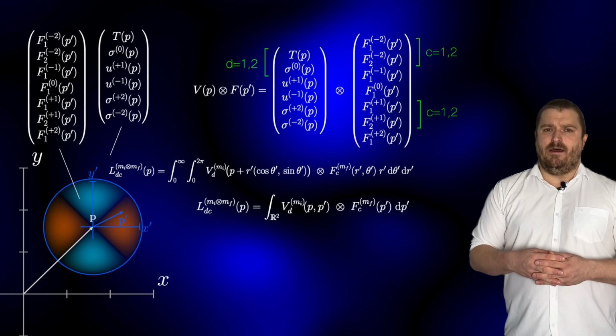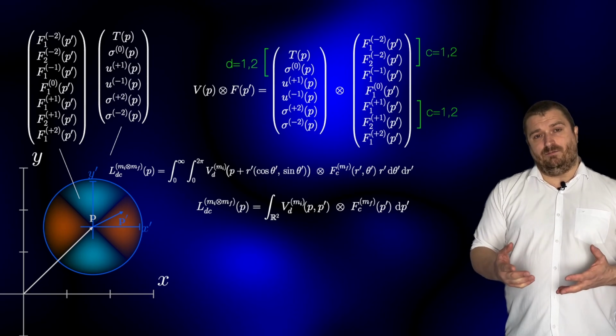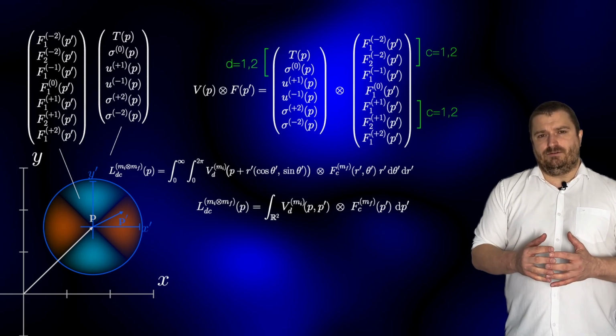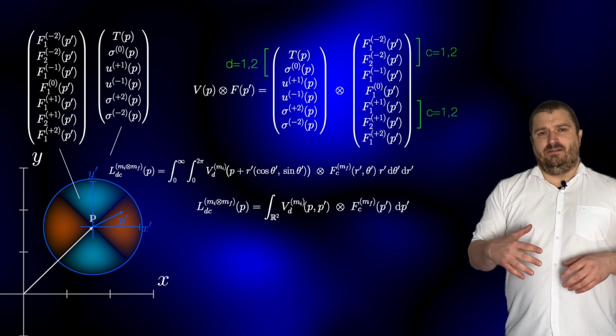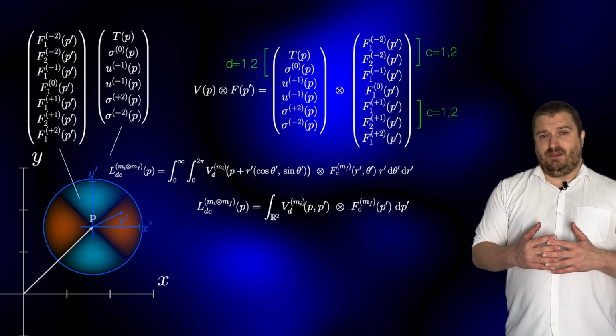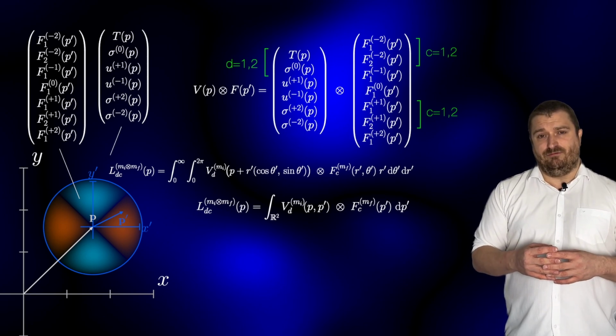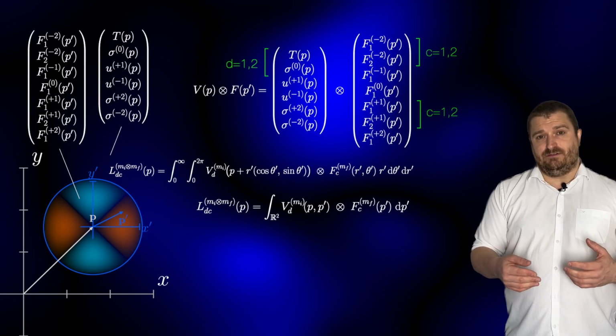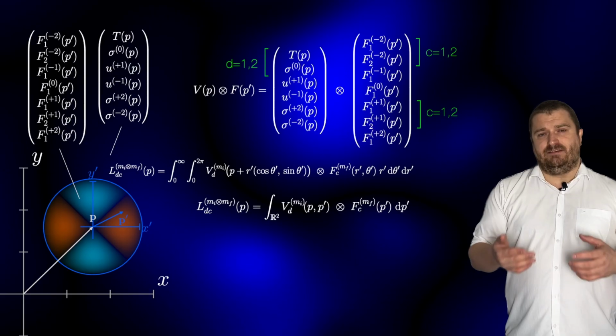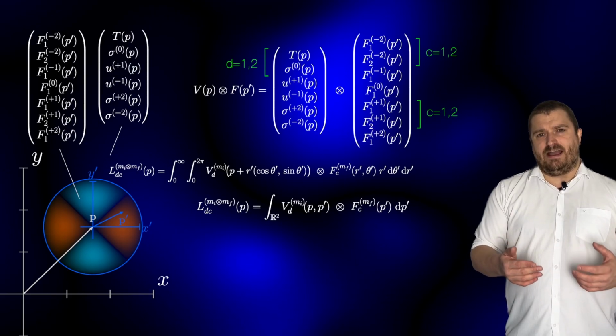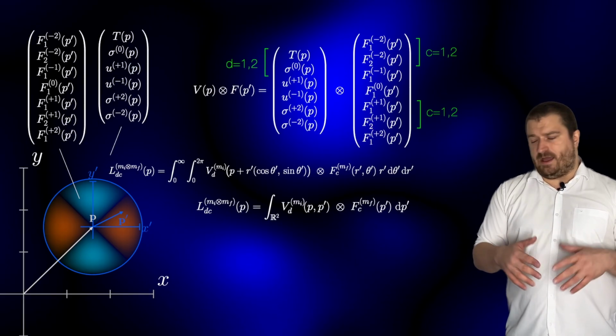I say coming to the rescue because although the Clebsch Gordan coefficients make the algebra look more complicated, they actually simplify the situation because there are fewer integrals that we need to perform. In the two-dimensional case, the Clebsch Gordan coefficients just act as a selection rule, and it tells you which spins actually survive the integration. And I'll show you that now.